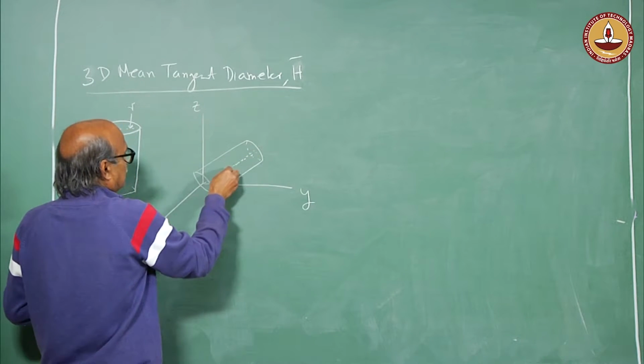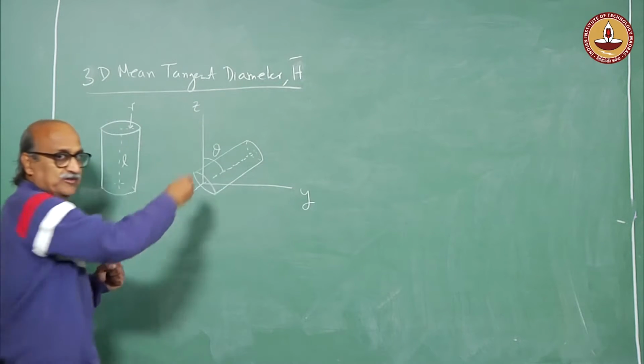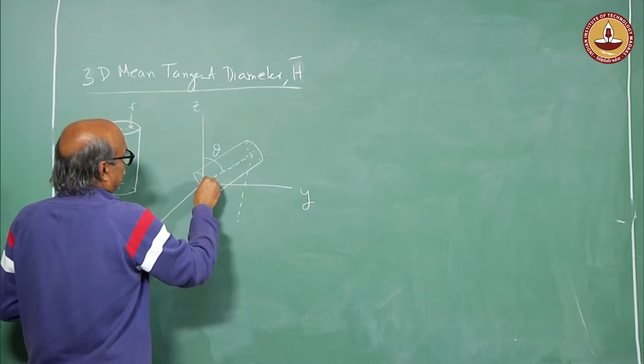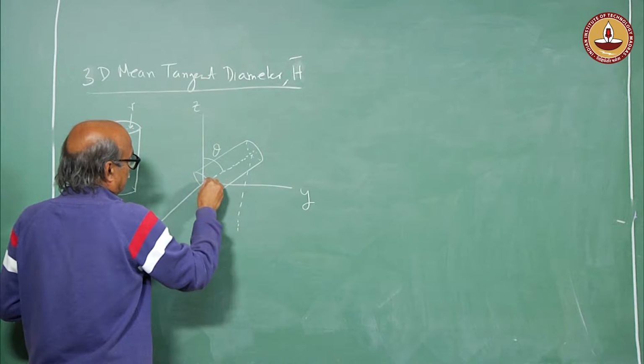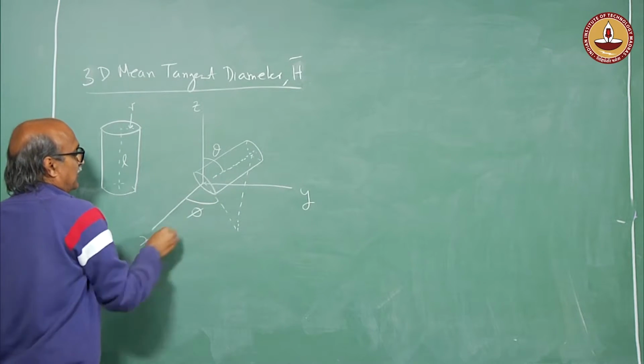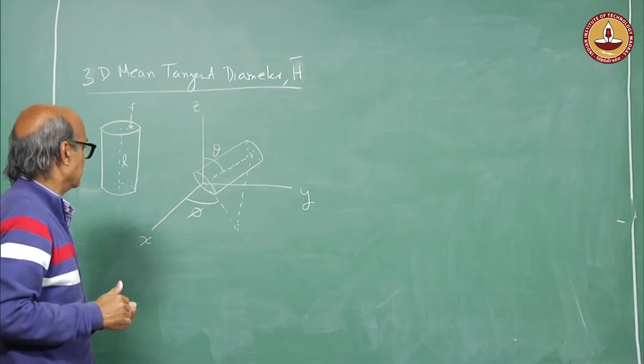Take the axis of the cylinder; the axis of the cylinder makes an angle of theta with the z axis, and the projection of the axis makes an angle of phi with the x axis.